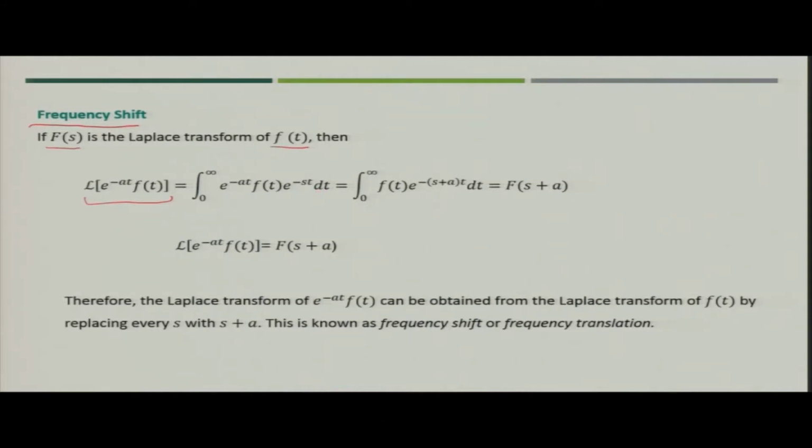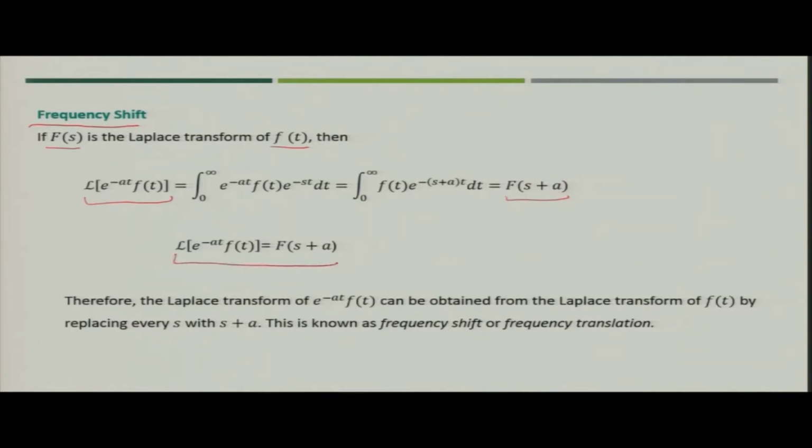So, instead of f(t) we will write e to the power minus at into f(t). This will become f(t) into e to the power minus (s plus a)t dt, which is nothing but the Laplace transform having s replaced by s plus a.